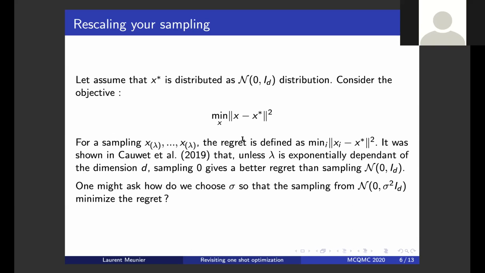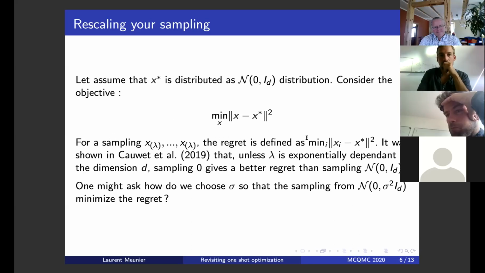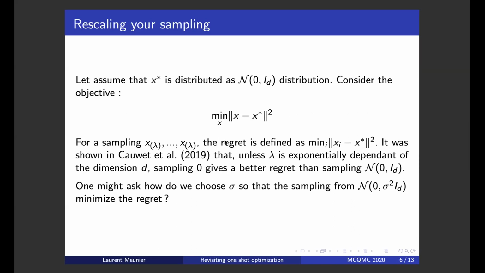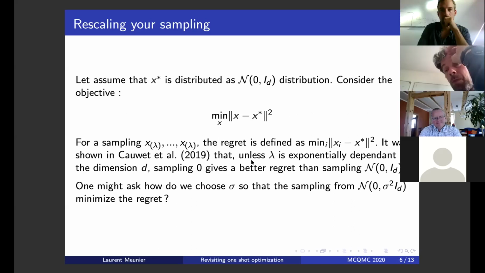For this strategy, we define the regret as the mean over a of the norm of xa minus x star, and it was shown in Kowat et al. that if lambda is not exponentially dependent on the dimension, sampling only 0, which means the norm of x star, will be lower than the minimum of the norm of xa minus x star.